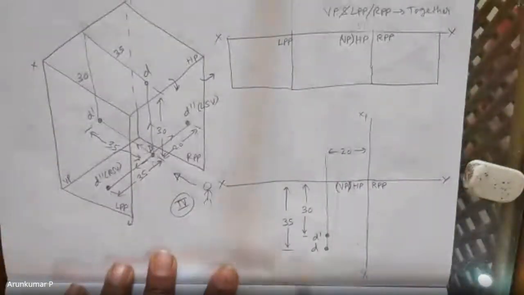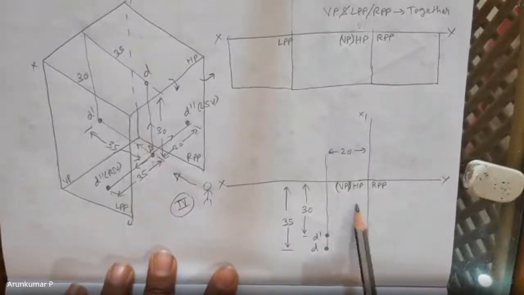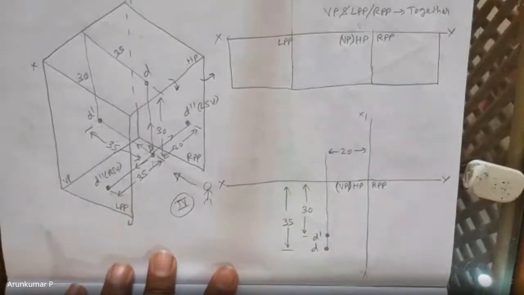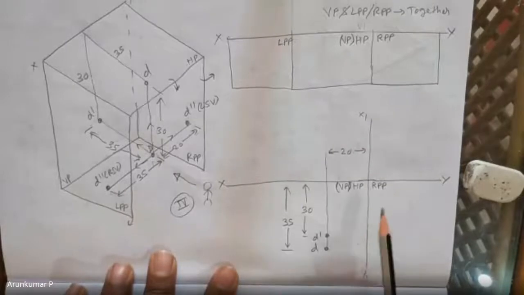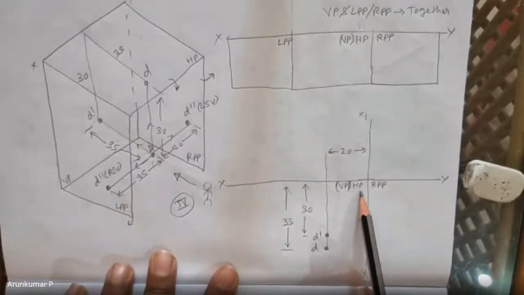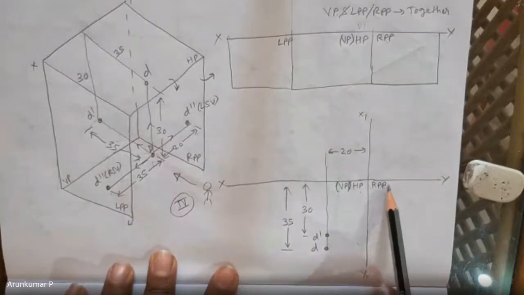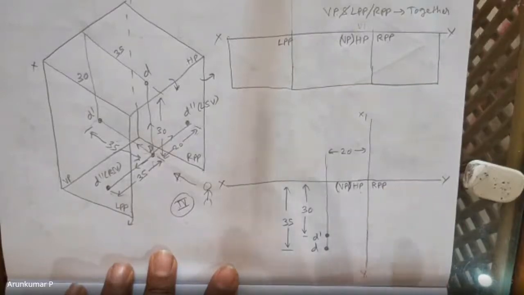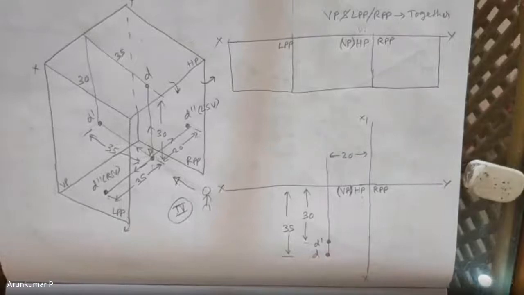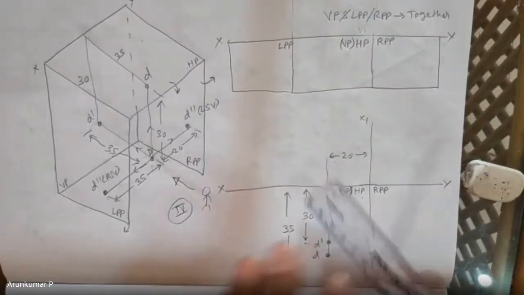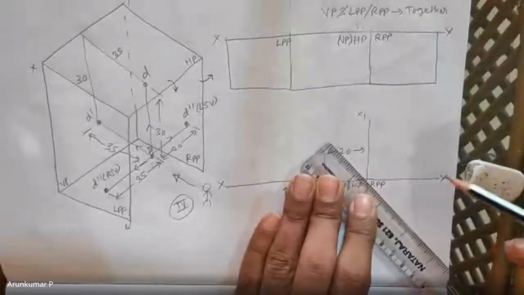Now, where to draw? Beside HP, is there any gap? Yes, this is HP. Beside HP means it is here. Only thing is, it is in RPP. No problem. You draw the median line 45 degrees in RPP in this area.